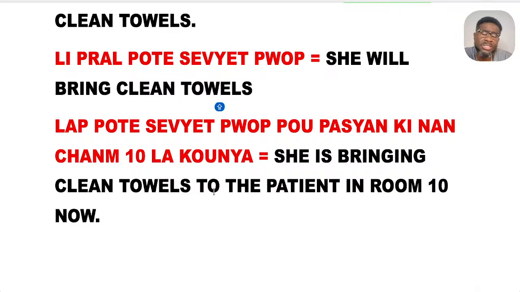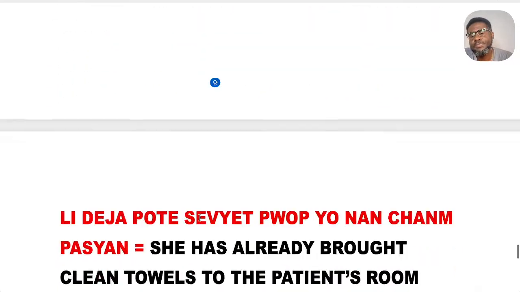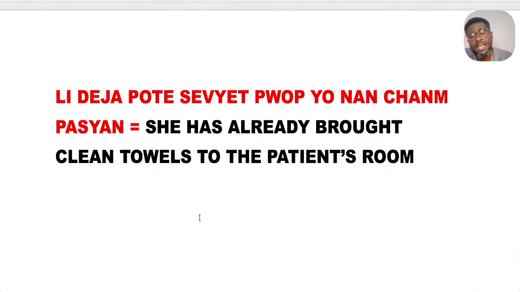All right, so she is bringing clean towels to the patient in room 10 now. And for the present perfect, she has already brought clean towels to the patient's room.